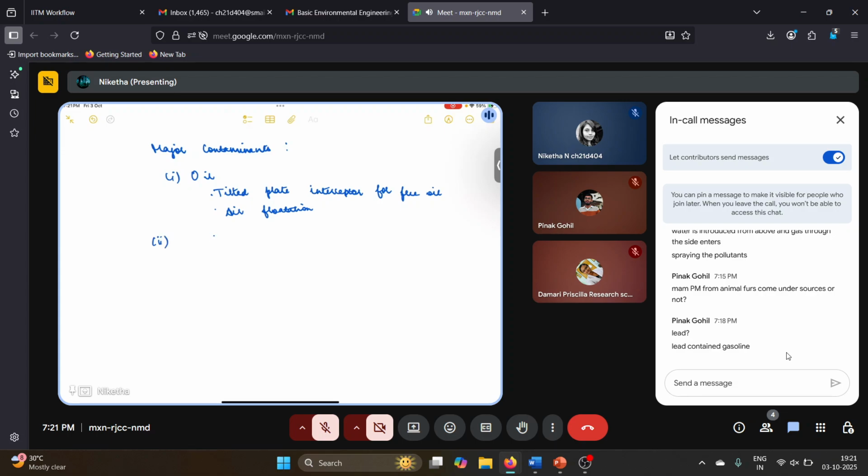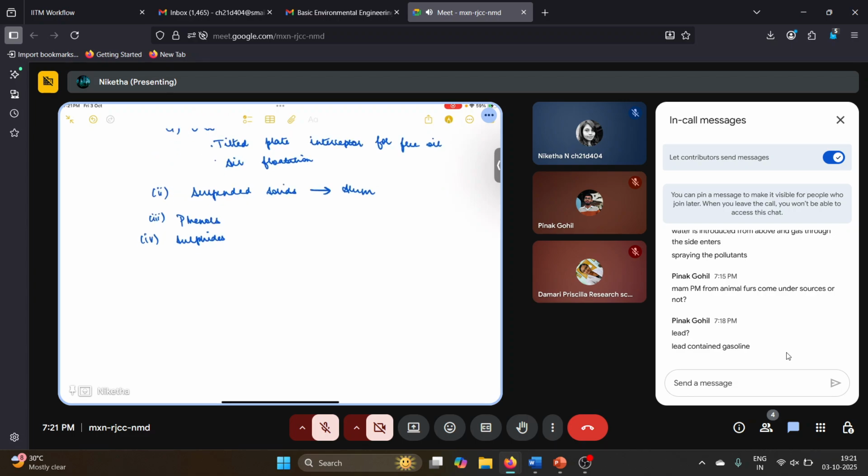And then suspended solids. So this can be removed using alum. And then there could be phenols, even sulfides, and organic matter.